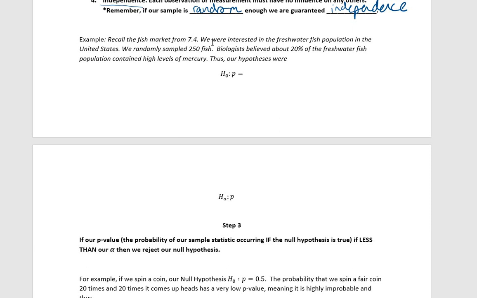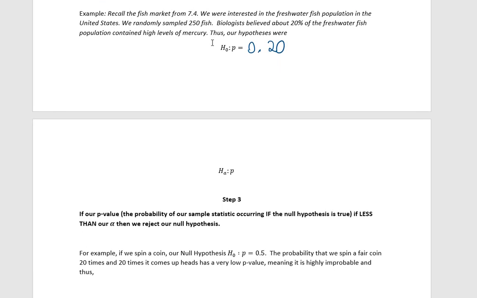So our null hypothesis is that the percentage of fish has remained unchanged. Let's see what our alternative hypothesis was. Let's say that we think the population has increased in high levels of mercury due to pollution or something, then we would say that p is greater than 0.20.